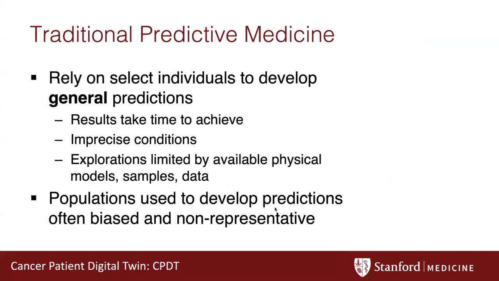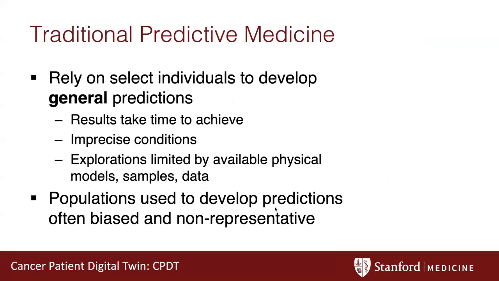So how is the digital twin different from regular predictive modeling? In general, traditional predictive medicine relies on select individuals to develop general predictions. These results may take time. They may be related to imprecise conditions, and the explorations are limited by the available physical models, samples, and data.